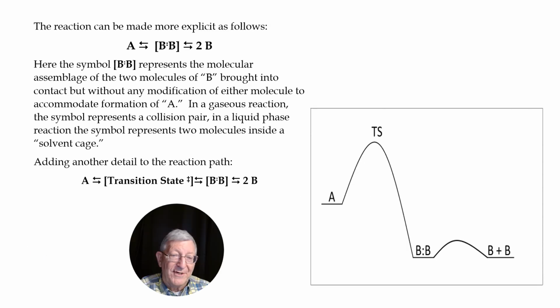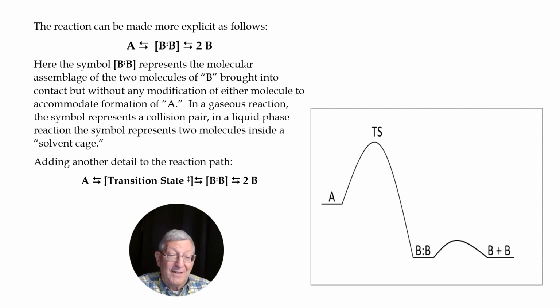So here, let's go with this. If you look at the graph on the right here, I have expanded the equation to capture several distinct energetic steps. First off, if B and B are going to react to form A, they obviously have to get together.